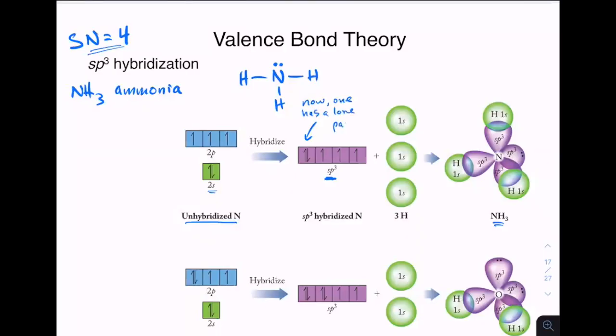And the other 3 have an unpaired electron, and just as before, those unpaired electrons are available for bonding, just as we've been talking about all along.